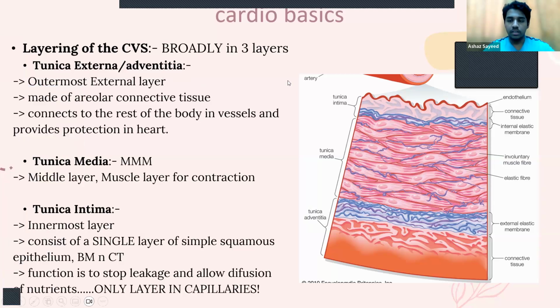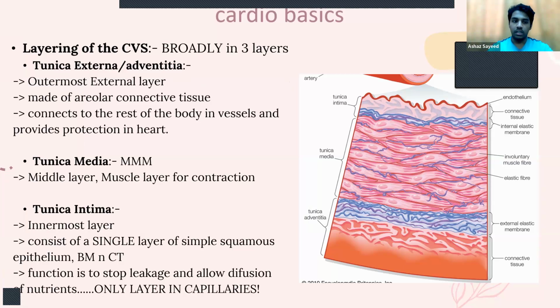The tunica externa is the outermost layer. If you think of it as a pipe, the outermost layer of this pipe is going to be the tunica externa. The middle layer is going to be the tunica media, and the innermost layer is going to be the tunica intima. Inside the tunica intima, you're just going to have the lumen.